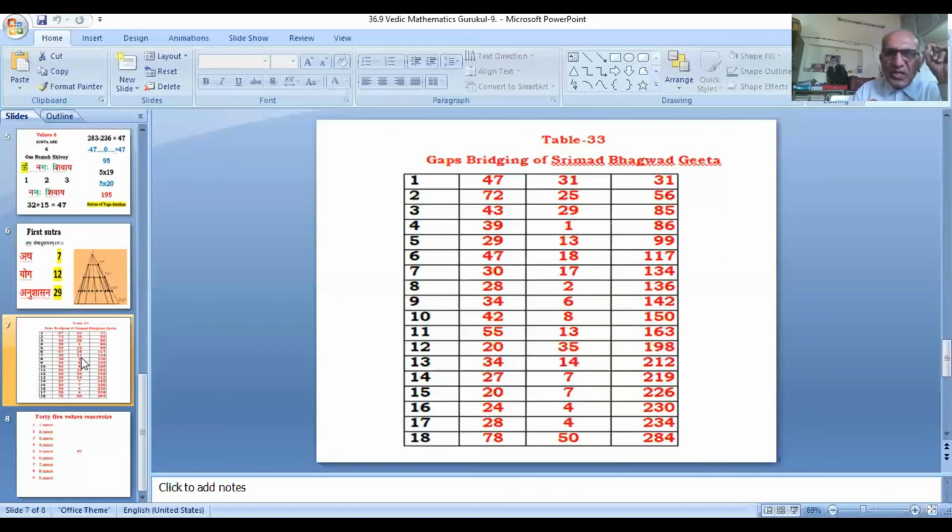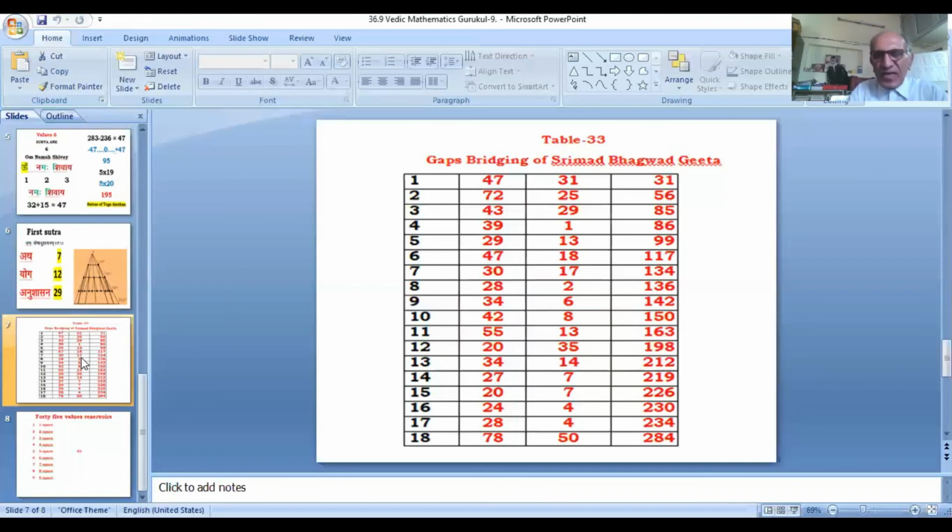Now, see, the text of Srimad Bhagavad Gita is organized as 18 chapters of 47, 72, 43, and at the end 78 number of shlokas. See this table. In this table, in the first column are serial numbers 1 to 18, parallel to the chapters 1 to 18, disciplines 1 to 18 of Srimad Bhagavad Gita. In the second column are tabulated the number of shlokas of the corresponding discipline, then the difference value.